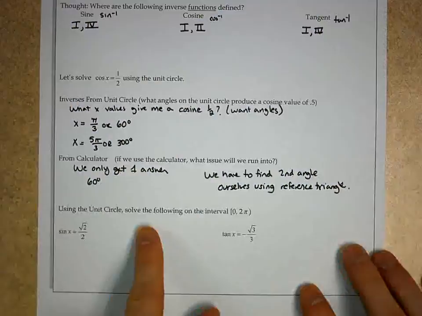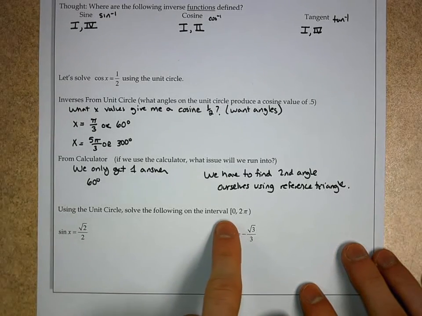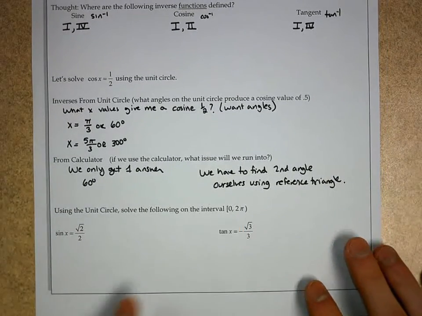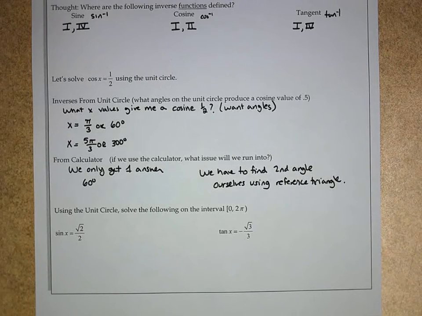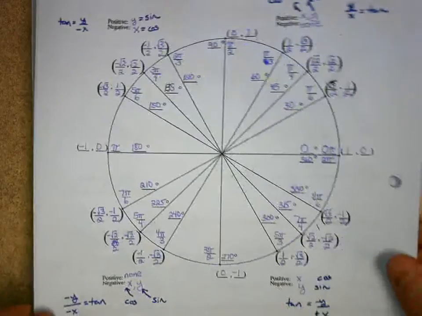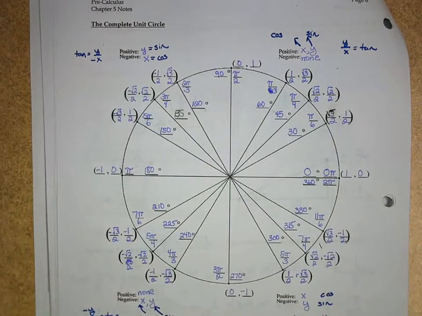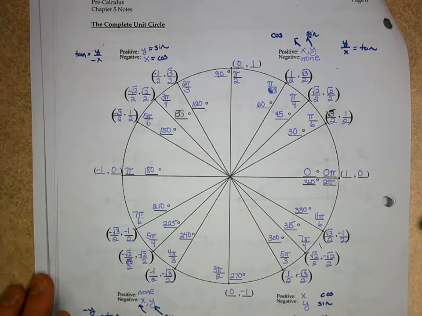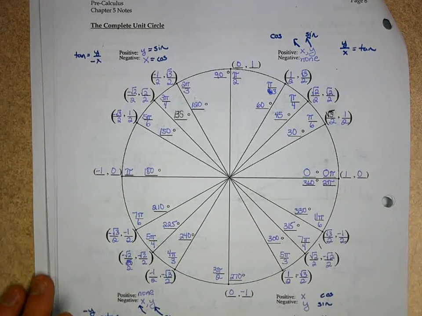So going back to the ones that we do have on the unit circle, from the unit circle, solve the following on the interval from 0 to 2 pi. So the sine of x is equal to square root of 2 over 2. I want to find the sine values that are positive square root of 2 over 2. Since I'm looking at sine, I'm looking at the y values.